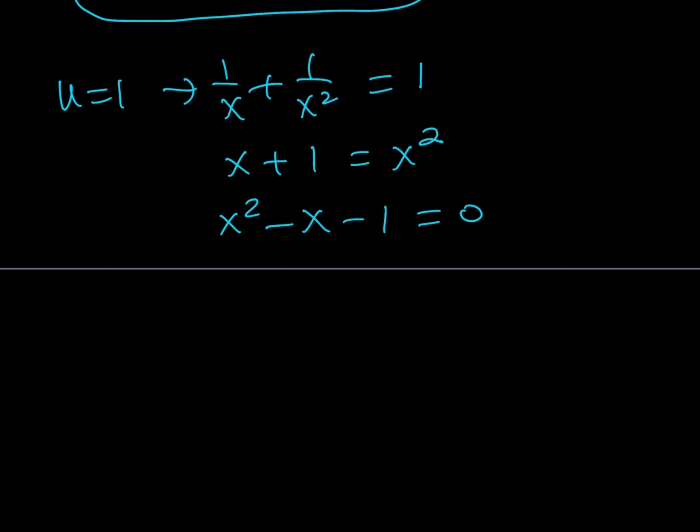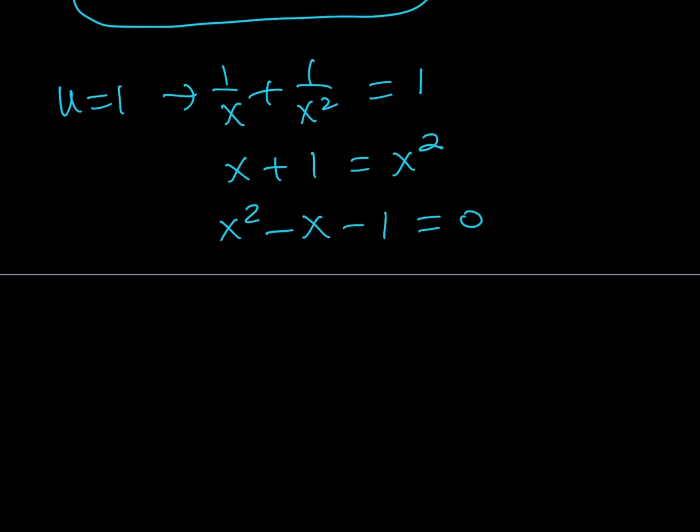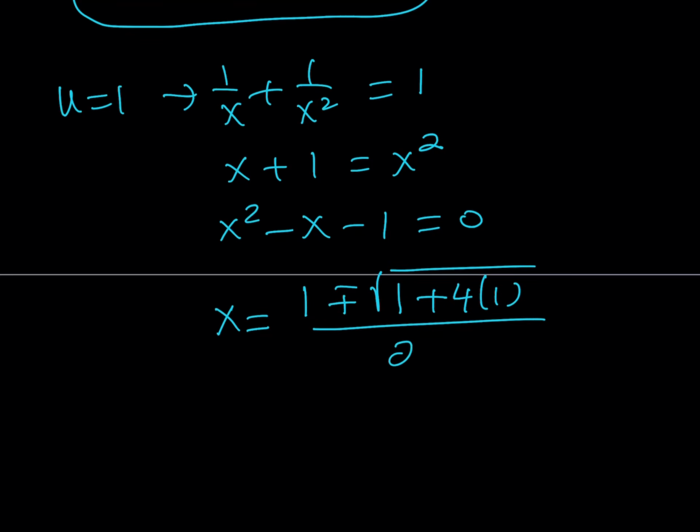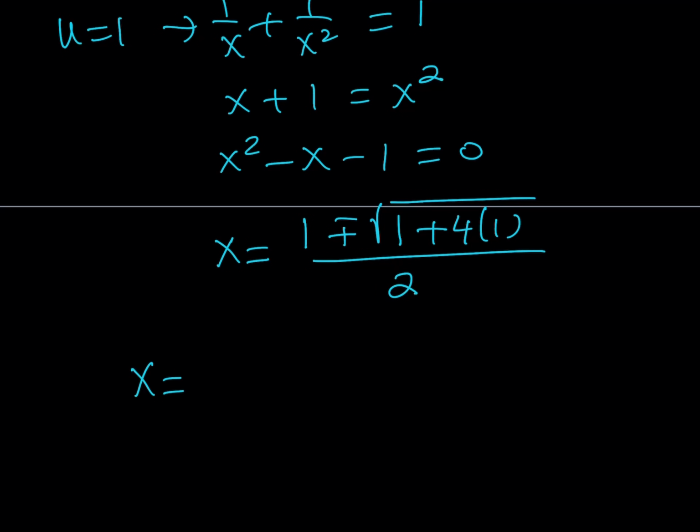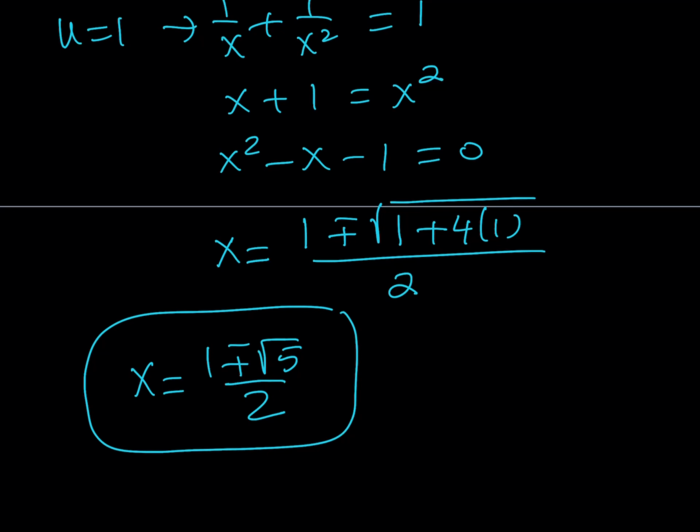And this gives us the golden flavor, the golden equation, the golden problem. And from here, x becomes negative b, plus minus the square root of b squared minus 4ac. That becomes 1 plus 4 times 1, which is 5. And then we do get x equals 1 plus minus square root of 5 divided by 2. So that gives us another set of solutions.